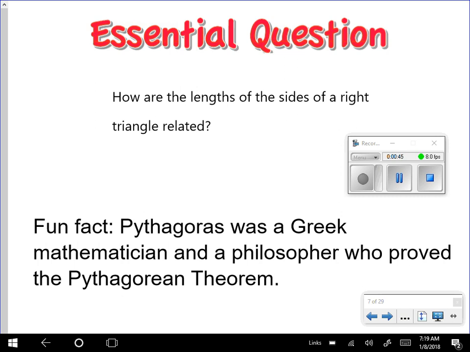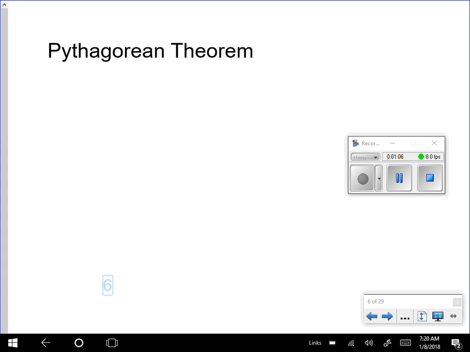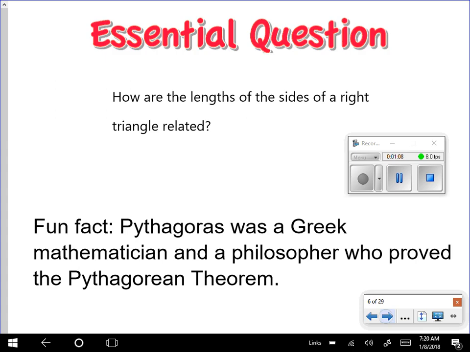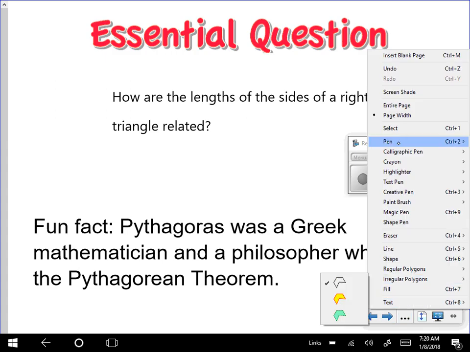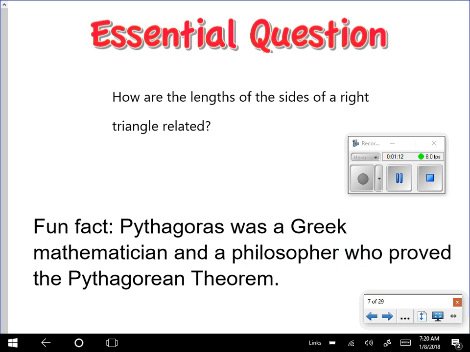Some dispute that there were many that had worked with the theorem before he actually worked with it, but he was the first one to prove it, to really show that it worked every single time. So that's why it's obviously named after him, as you can see. So just a little bit about that.